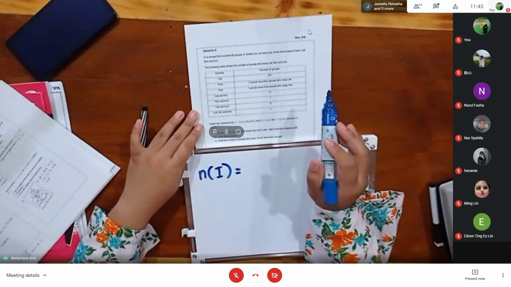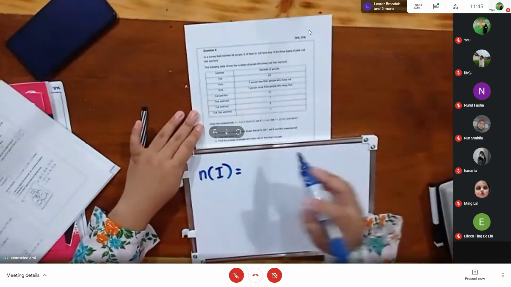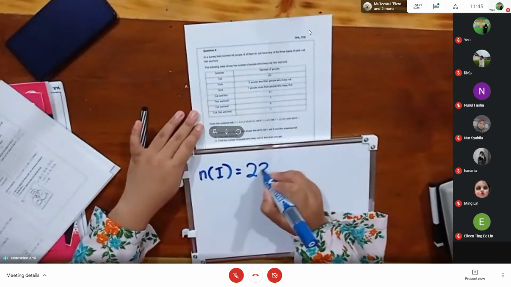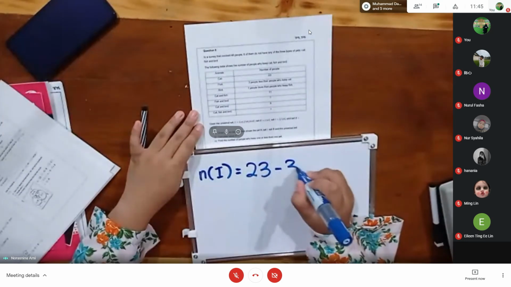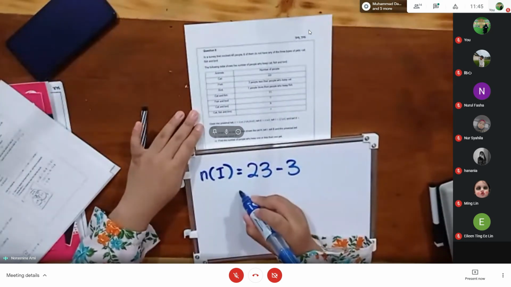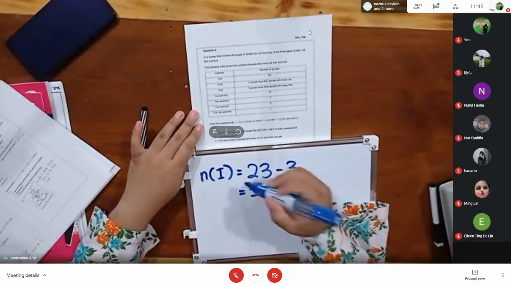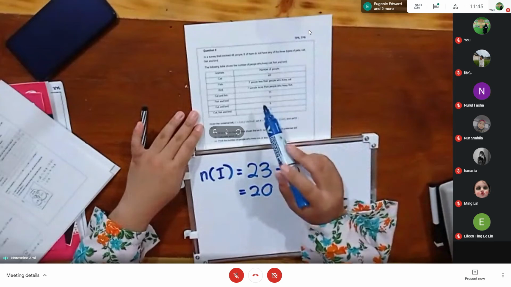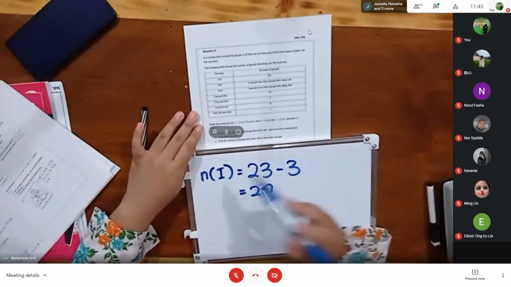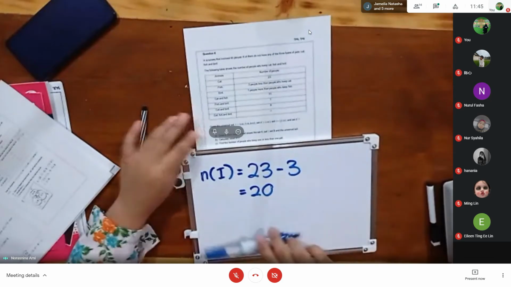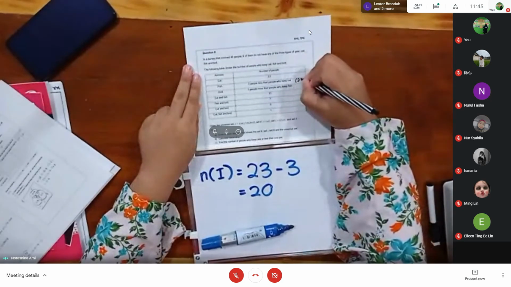So 3 less than those who keep cats, where there are 23 people who keep cats, so it must be 3 less, so we minus 3, and the answer is 20. There are 20 people who keep fish as their pet. Now we know this is 20, so we label it there, 20.